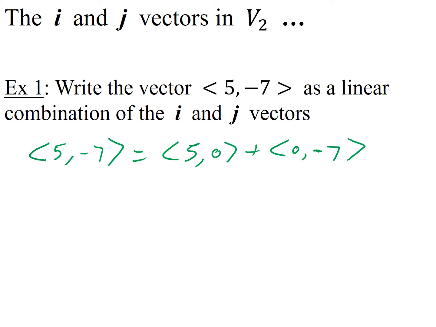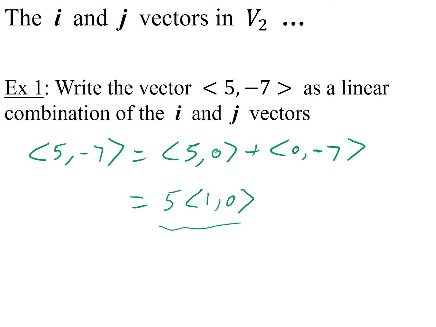And then you can kind of factor out the numbers. In other words, the first vector is the same as 5 times the vector 1, 0. Once you look at it for a second, you're like, oh, obviously, because remember scalar multiplication, what would be 5 times 1, 0?